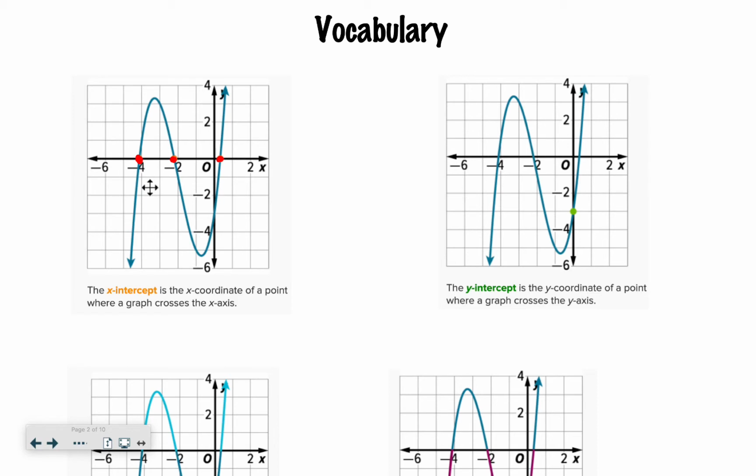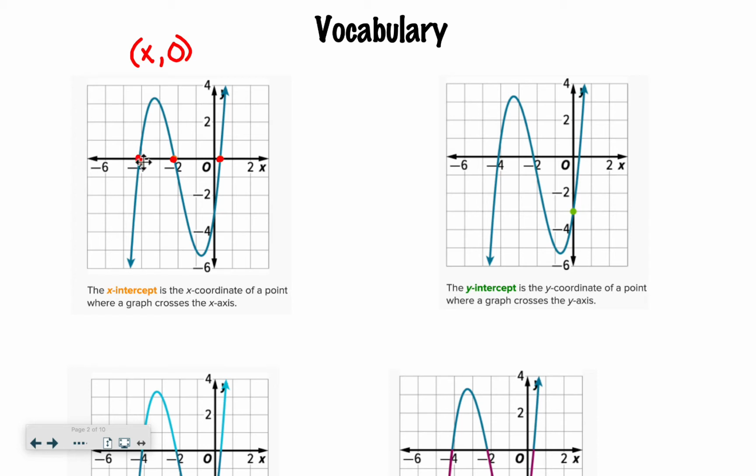And the way that you write an x-intercept is you always write the value of x, comma, 0. The reason you write it like that is because for the x value, you're listing the coordinate for where it crosses. So here, that would be -4 and then 0.